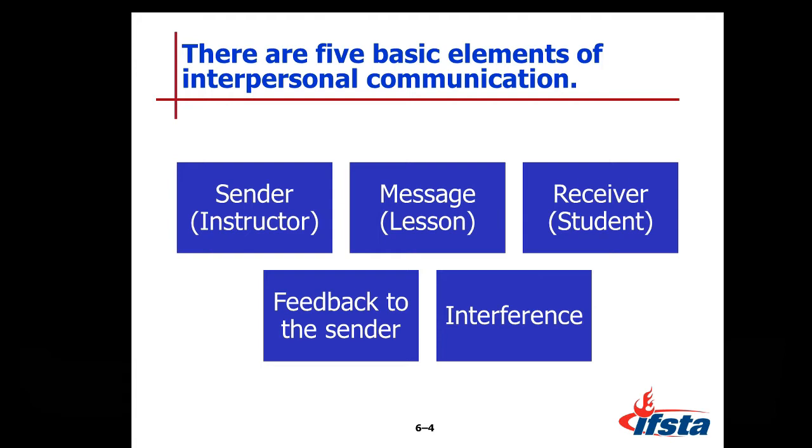I'm disseminating information to you in the form of a message so that you, the student, can receive it. While you're receiving that information, through nonverbal cues and other things, there will be feedback sent to the sender. And then you have interference that kind of blocks that up.